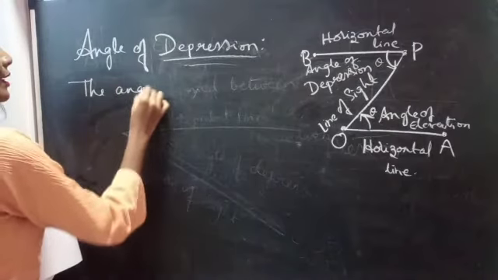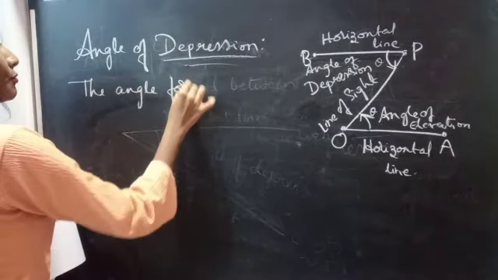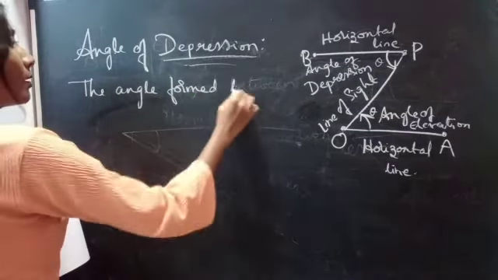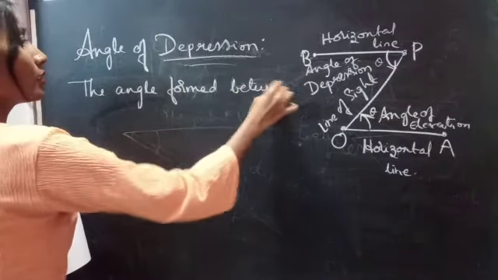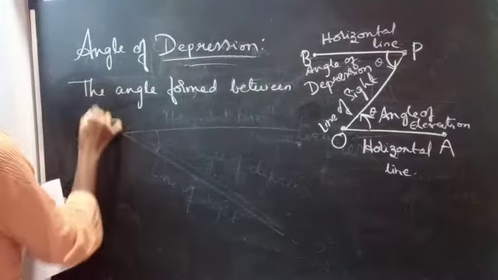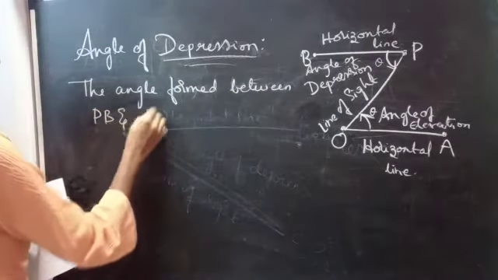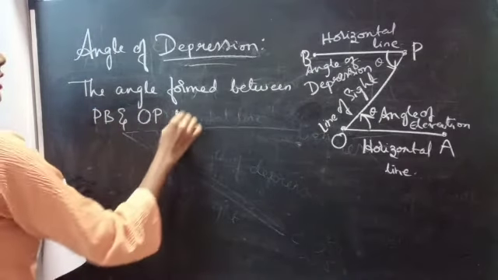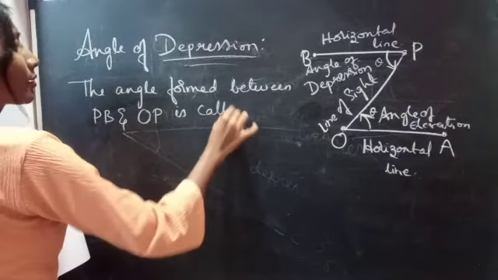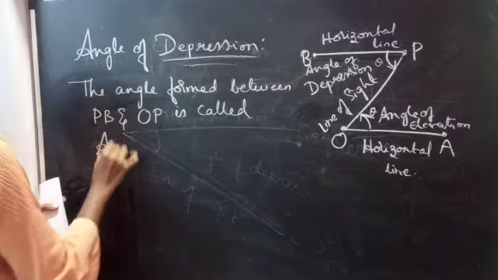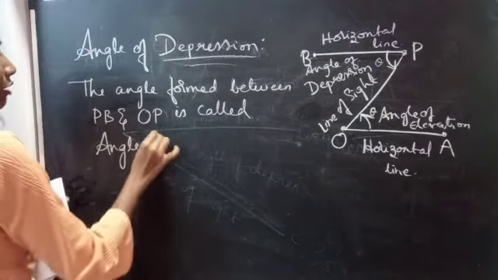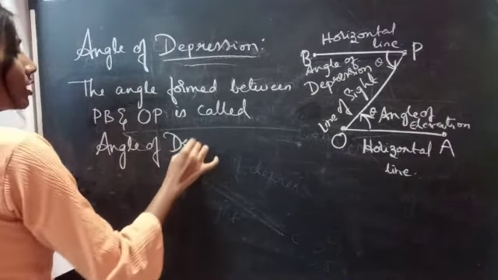The angle formed between PB and OP is called angle of depression.